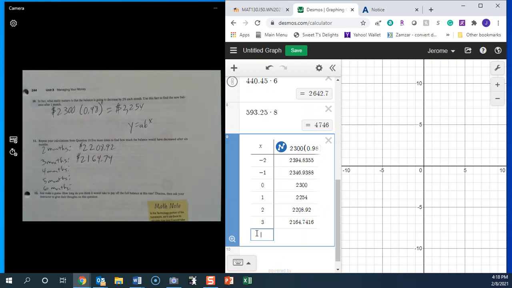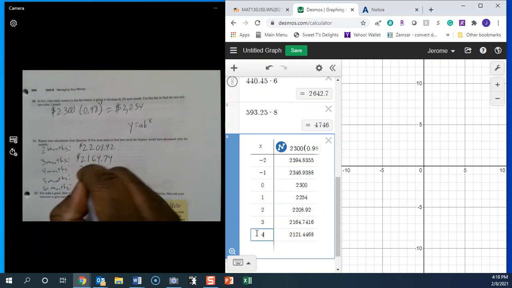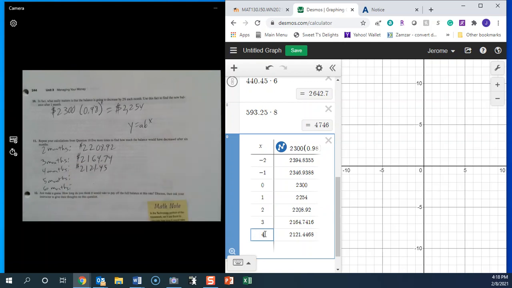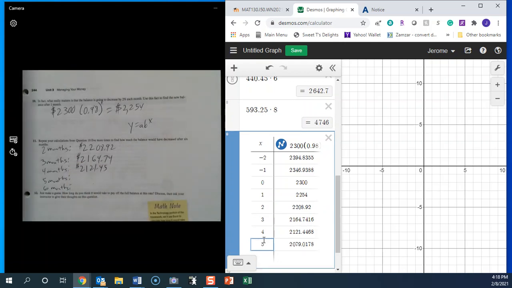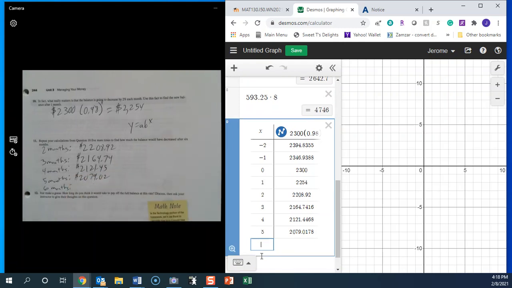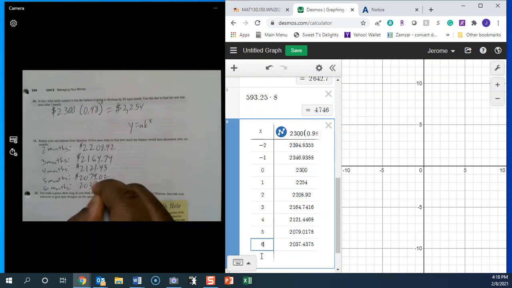Fourth month will be $2,121.45. And the fifth month will be $2,079.02. And then finally the sixth month will be $2,037.44.